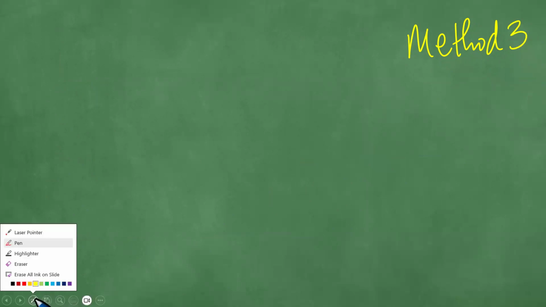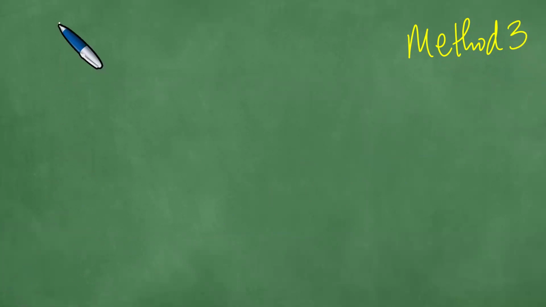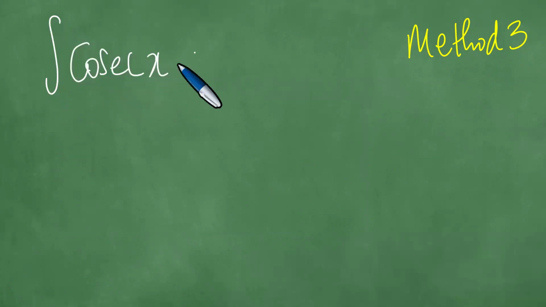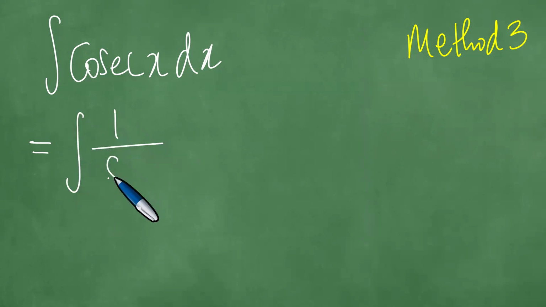Using method 3, we are still looking at the integral of the cosecant of x with respect to x. Something that is very important is the fact that the cosecant can be written as 1 over the trigonometric sine of x, with respect to x, like so.